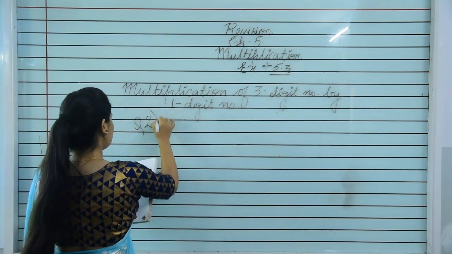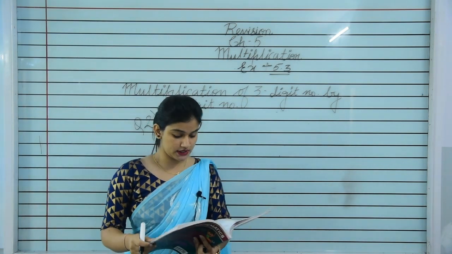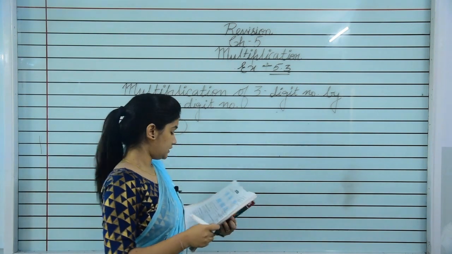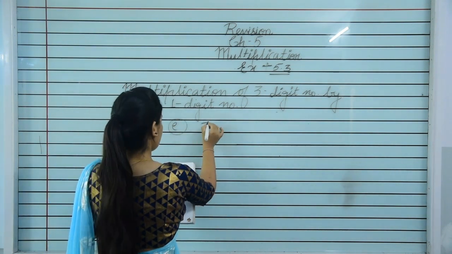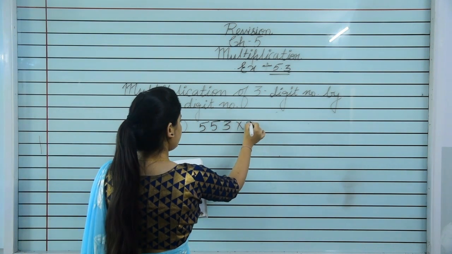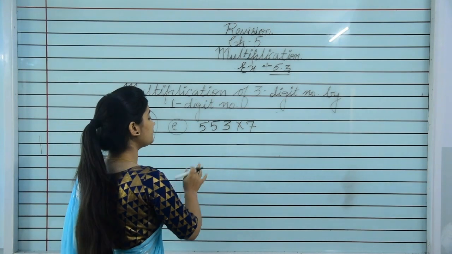Question number 2 is write the numbers in columns and find the product. The E part is 553 multiplied by 7.